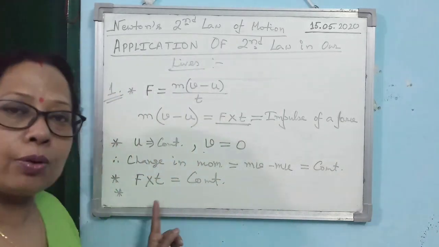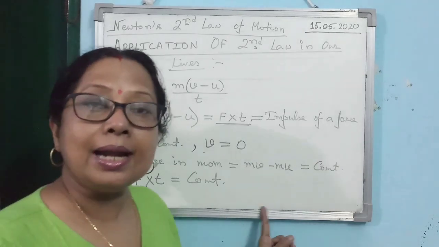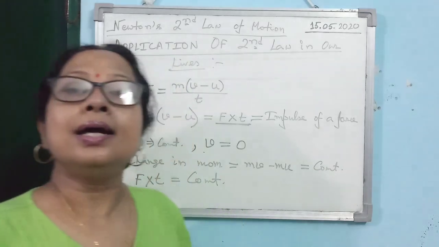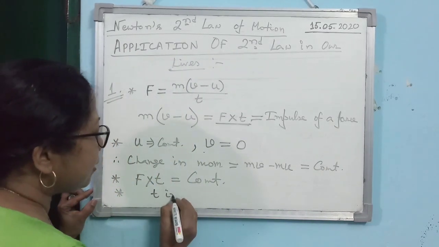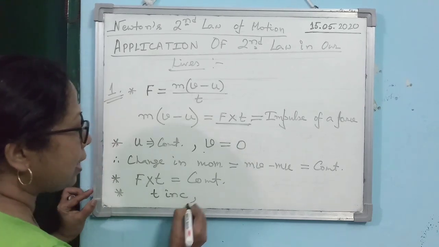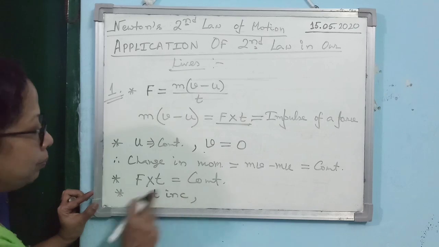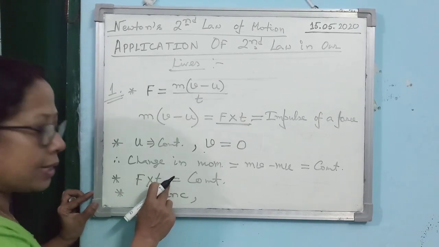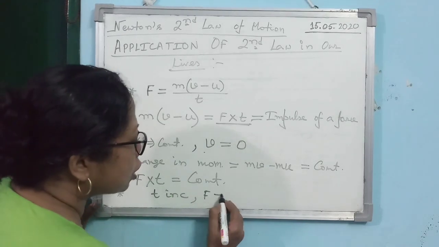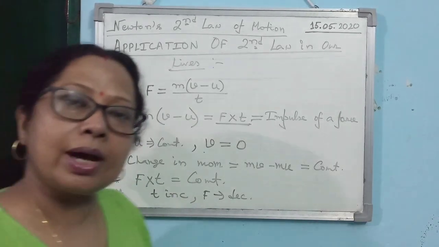By lowering the hands, the cricketer increases the time of interaction. So look at the relation. If F into t is constant, and time increases, then what should happen to force? Force should decrease.